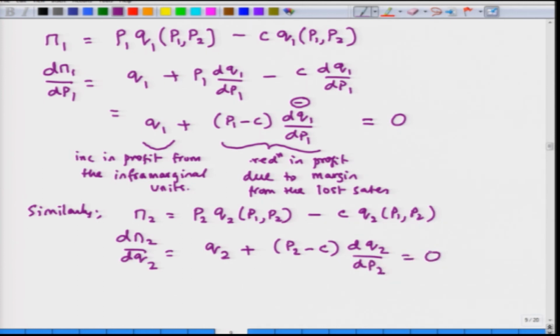So, I have the two first order conditions for the two firms, and we will simultaneously solve them to figure out what the optimal prices are. Okay.